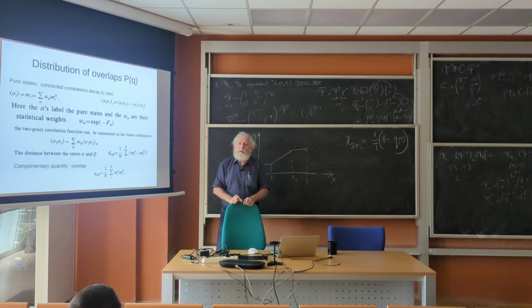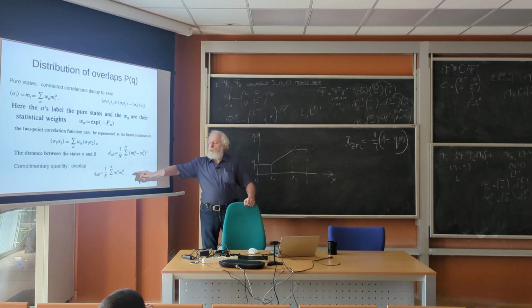It describes an ensemble. It describes the statistics of all these states. As you will see, it describes actually the probability distribution to find some specific value of overlap. So this is the overlap.